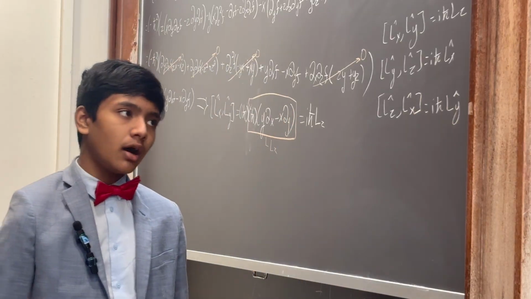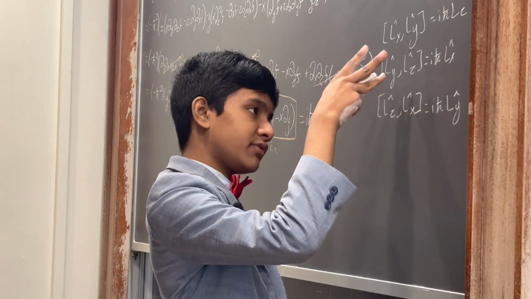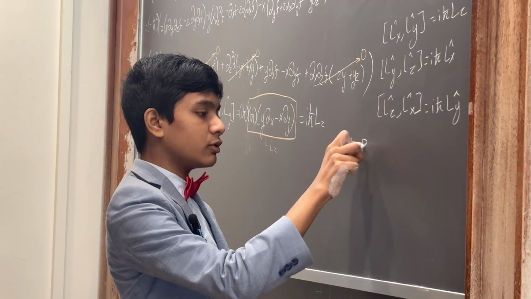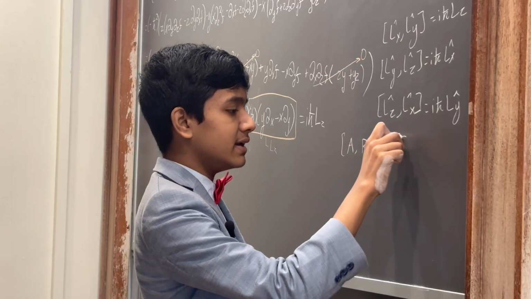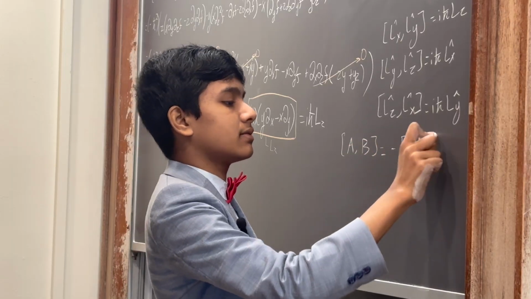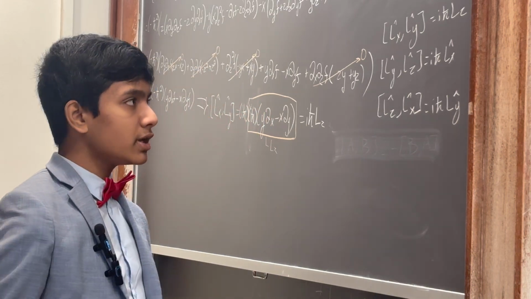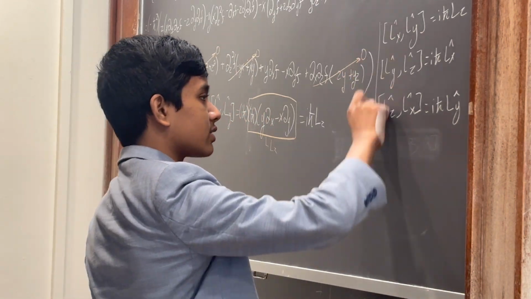And for the other three, they're simply the reversed versions of these, since the commutator of A and B is the negative of the commutator of B and A. So here we go. These are the commutators.